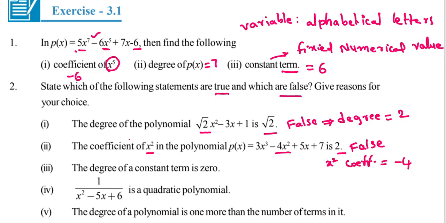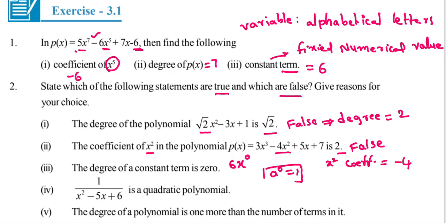Now look at: degree of a constant term is 0. Take the first example. Here the constant term is 6. And what is the degree here? We can write it as 6 times x power 0. We already know x power 0 is always 1.